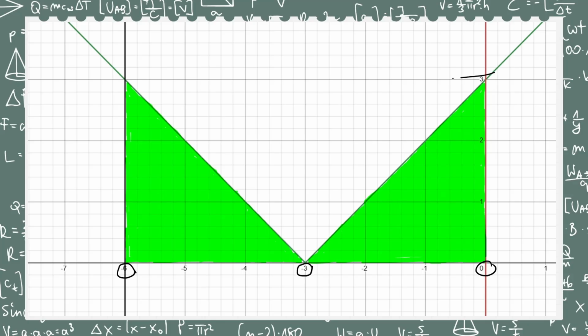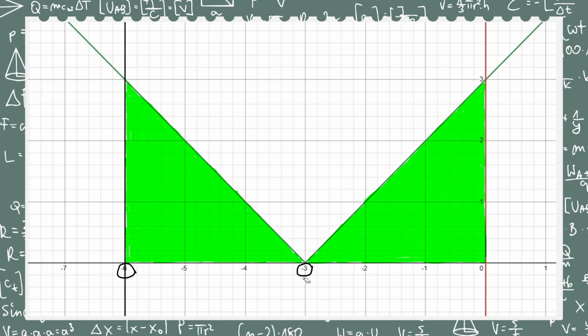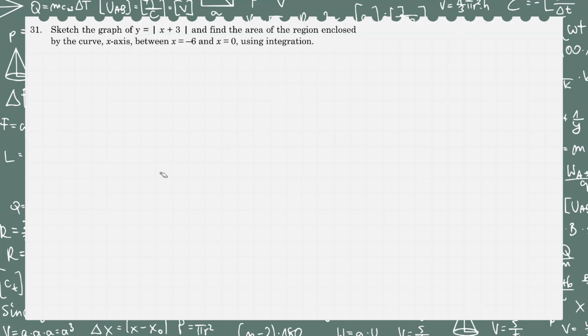So, basically we will get the area of this triangle and later we will multiply that by 2 to get the area of both the triangles. So, as I told you, we are going to find the area between minus 3 and 0.